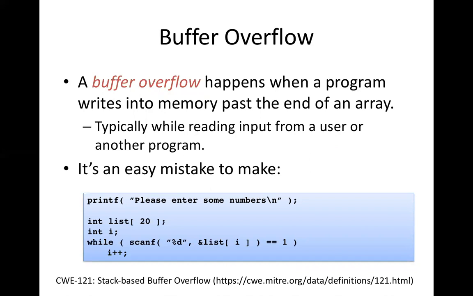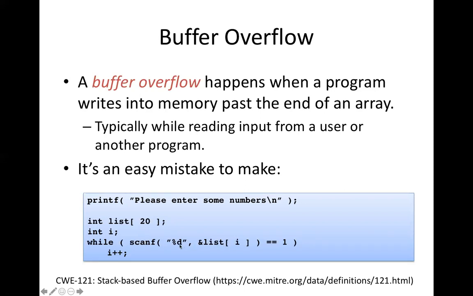A buffer overflow is when you've got an array and either a user or another programmer is able to trick your program into writing past the end of that array. So here I've got an array with space for 20 elements. I've got a loop that keeps reading elements into that array.